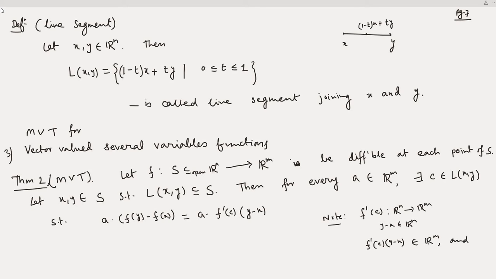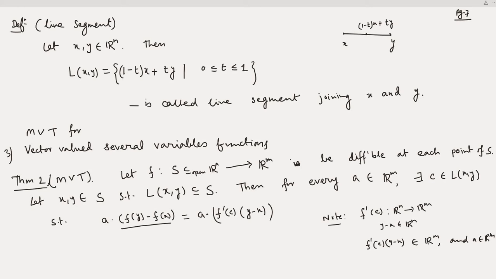And A belongs to Rm, so the dot product of A and f prime of C acting on y minus x makes sense. Here also f(y) minus f(x) is a point in Rm, so A dot product with f(y) minus f(x) makes sense. So this is the theorem statement.